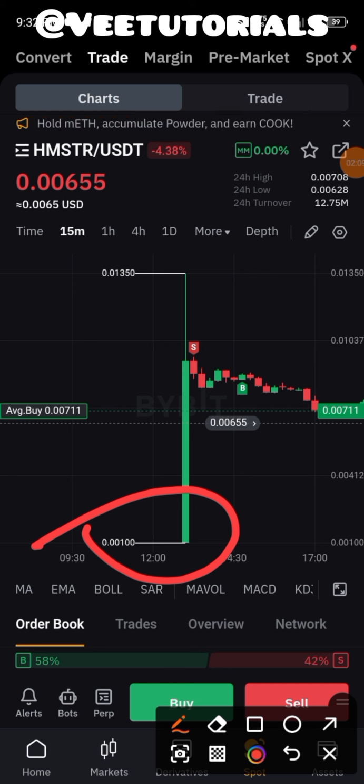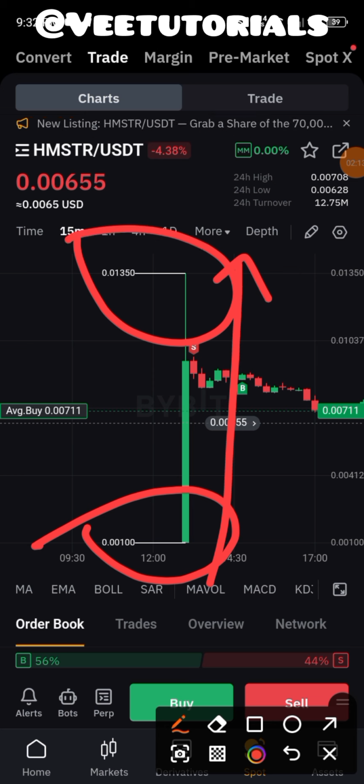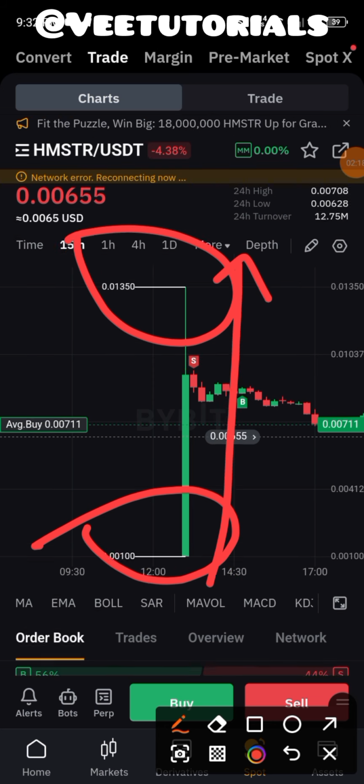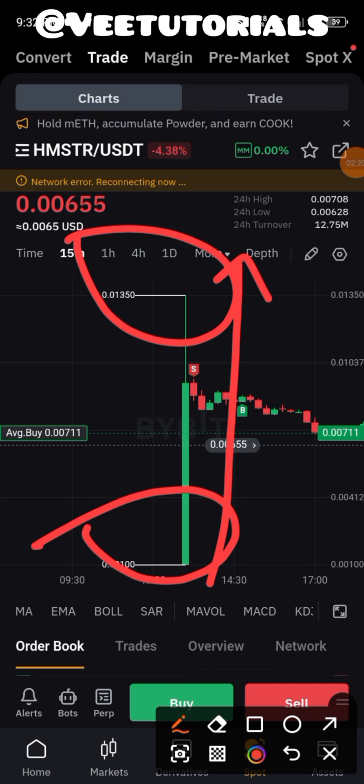Okay, so it pumped to 0.01350, which is also a nice move, and it dropped here to 0.0137. It dropped to this place, to 0.013.